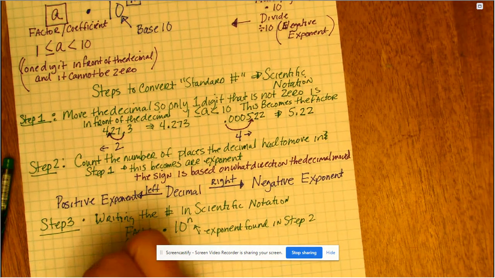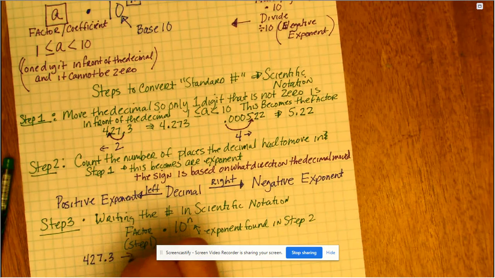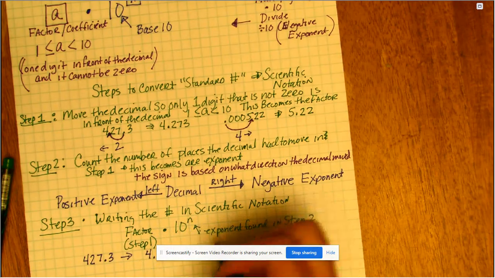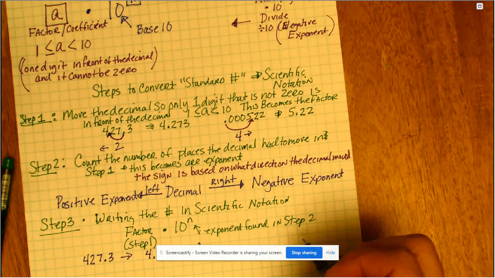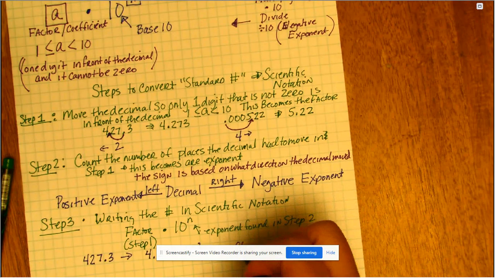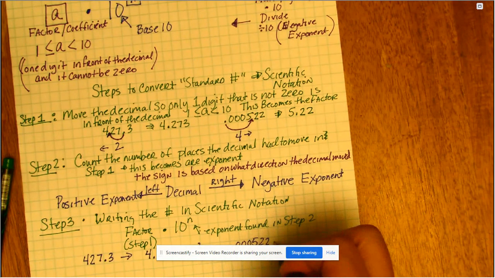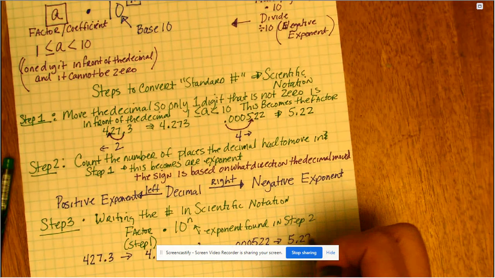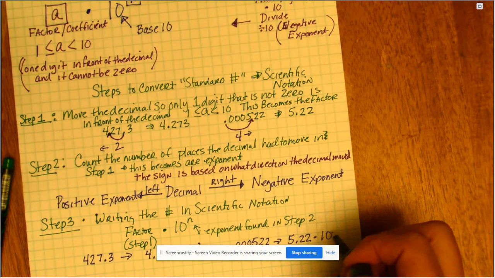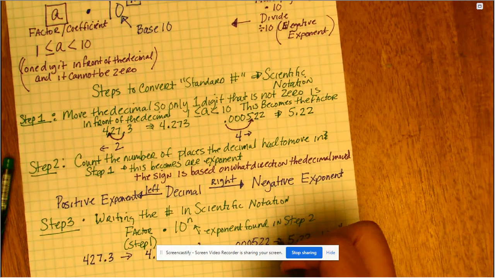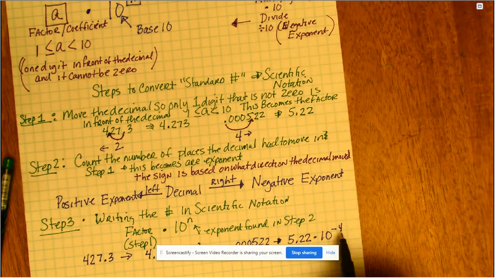So 427.3 in scientific notation becomes 4.273 times 10 to the positive second power, versus 0.000522 becomes 5.22 times 10 to the negative fourth power. Right? The factor gets bigger, my exponent's going to be negative. The factor gets smaller, my exponent's going to be positive.